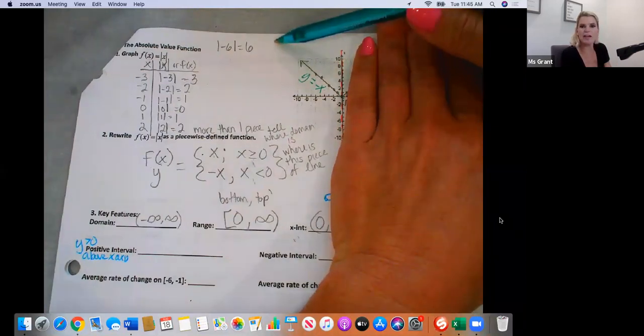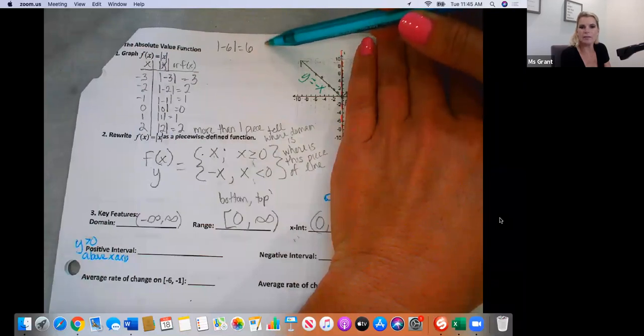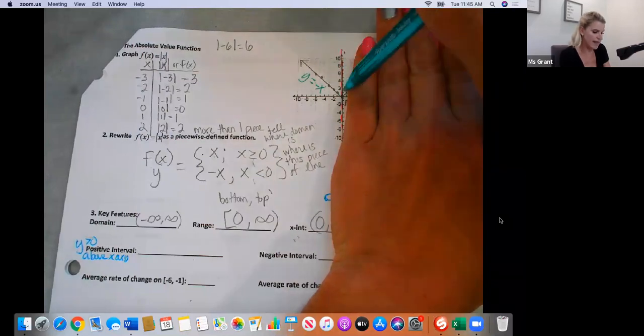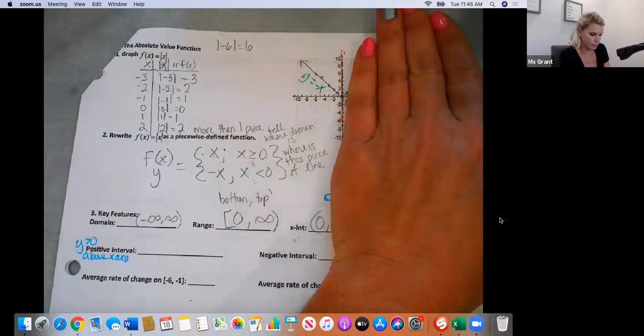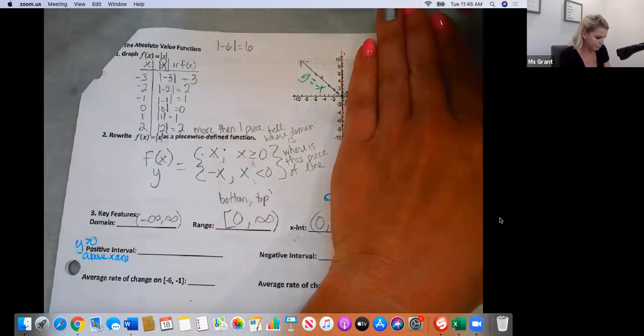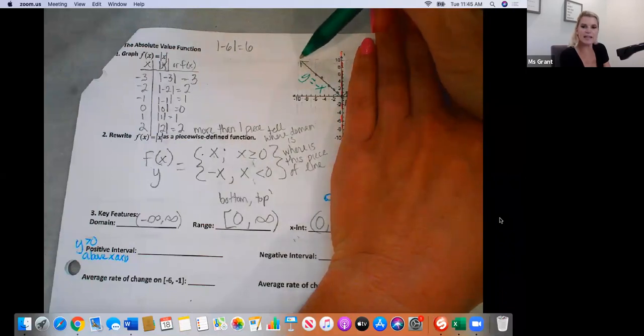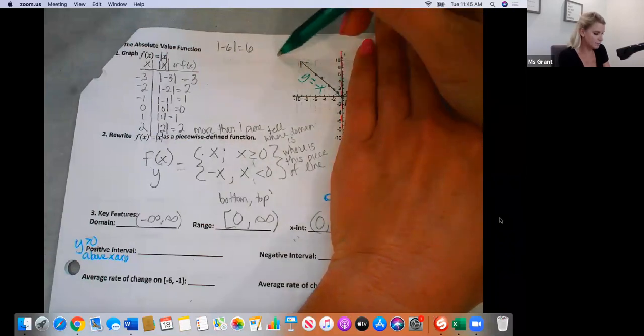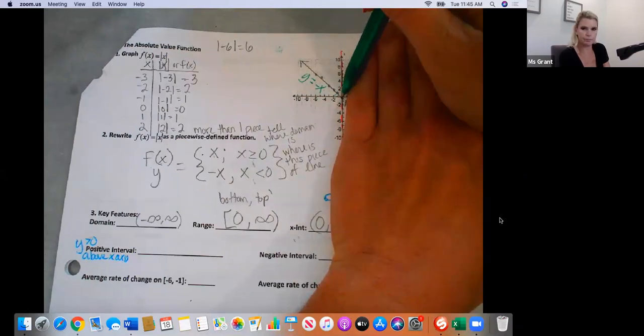We start way over here, the smallest negative, negative what? To that endpoint right there. So what would I say for my positive interval for just this line right here? It's all the way here, the smallest negative point value, all the way to here.